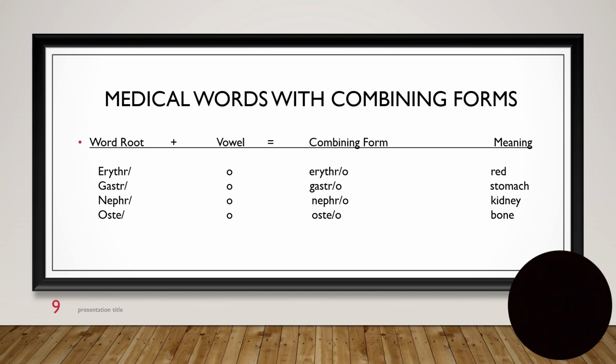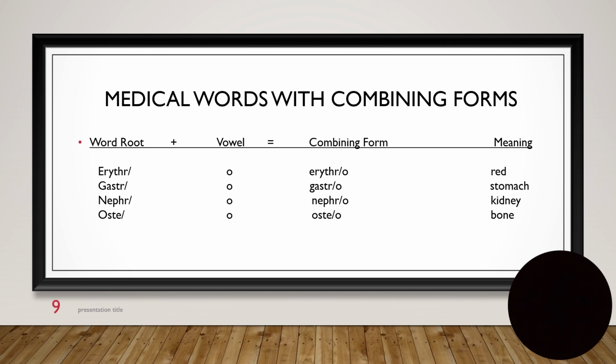Then you have the word root gastr with the vowel O, combining form gastro. Gastro means stomach. Nephr with the combining vowel O, nephro. Nephro means kidney.